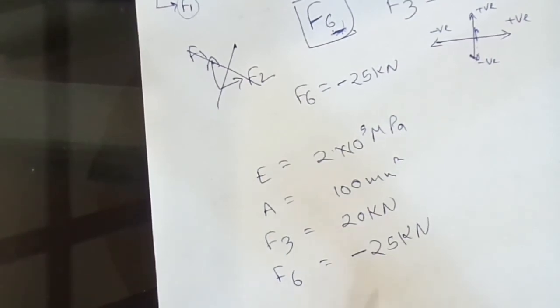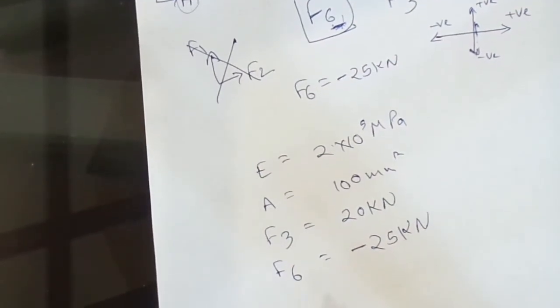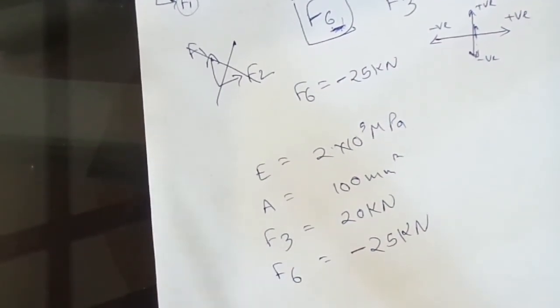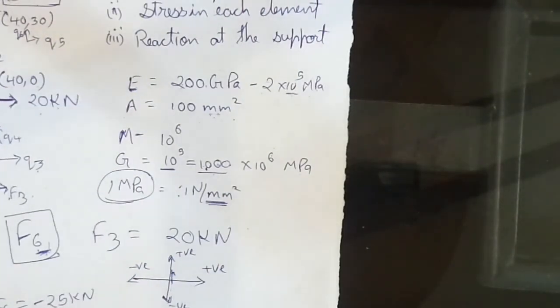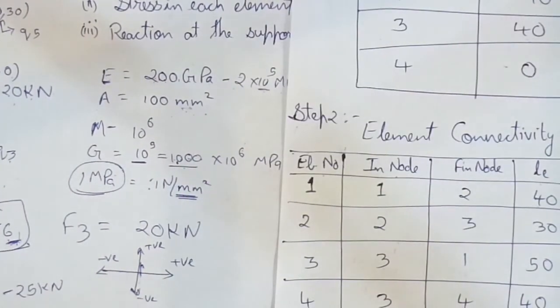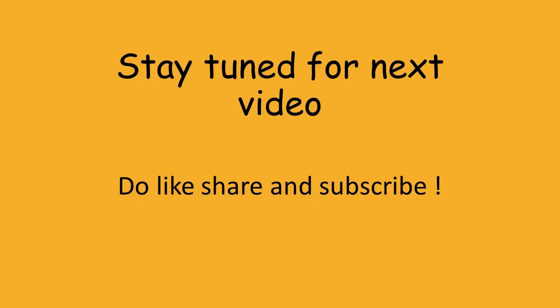So first you need to write down all the known data, then nodal data, elemental connectivity table. Step 2, yes. So let us stop here and see the next steps in the next part.